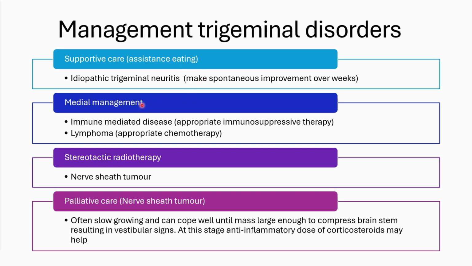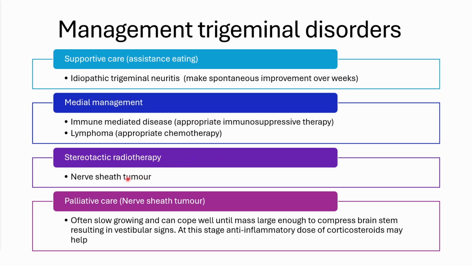There may be a medical management, so for immune-mediated disease, an appropriate immunosuppressive therapy. For lymphoma, appropriate chemotherapy. Sometimes you have to go in between the two if you can't tell the difference. So an MUO protocol will often include drugs that might be effective against lymphoma, for example, cytosine arabinoside.